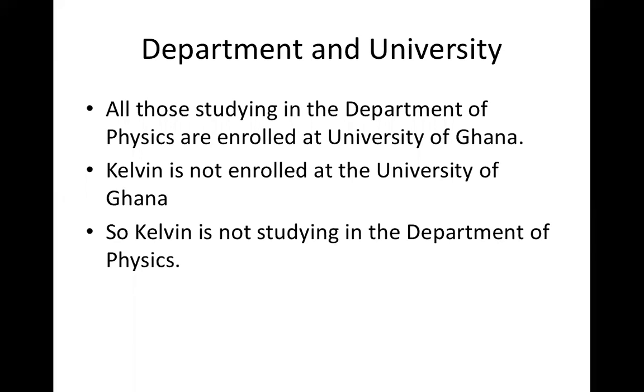Therefore, it's a valid argument. So once you deny that Kevin is enrolled at the University of Ghana, then automatically you can deny that he is at the Department of Physics.